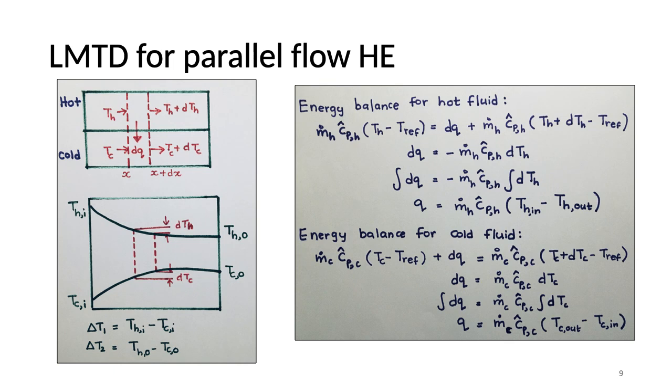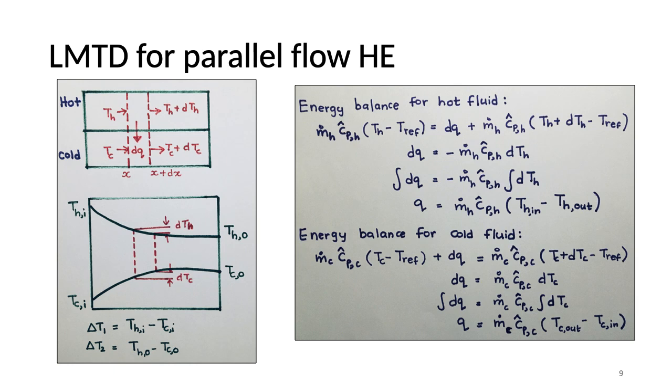The potential and kinetic energy changes are negligible. Specific heats of the fluids are constant, even though the temperatures are subjected to continuous changes. Internal energy of the fluids is constant. The axial conduction through the heat exchange tubes is negligible. So these are the assumptions we used in this modeling.